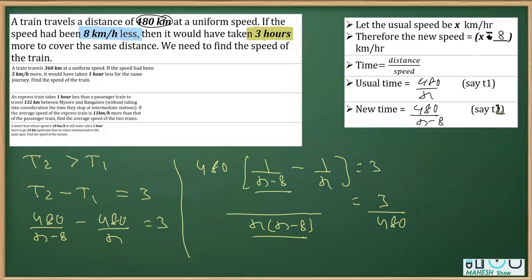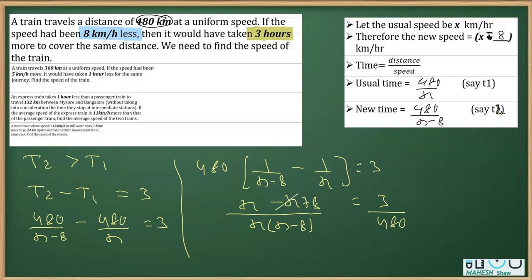This LCM divided by x minus 8 is x, and 1 multiplied by x is x. LCM divided by x is x minus 8, that multiplied by minus 1, so it will become minus x plus 8. You need to understand here that we are multiplying minus 1 with this.